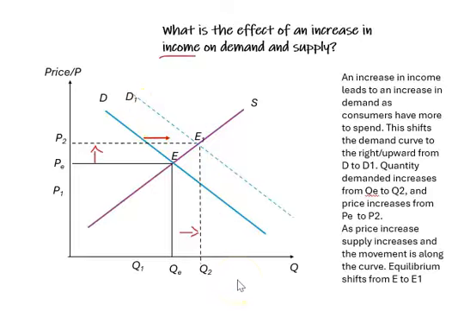Quantity demanded increases from QE to Q2, and price increases from PE to P2. As price increases, supply increases, and the movement is along the curve. Equilibrium is now at a higher point, is at E1. This will definitely get you the full mark on an example like this one.